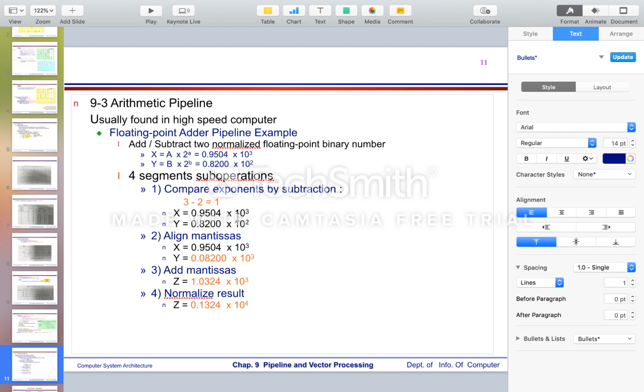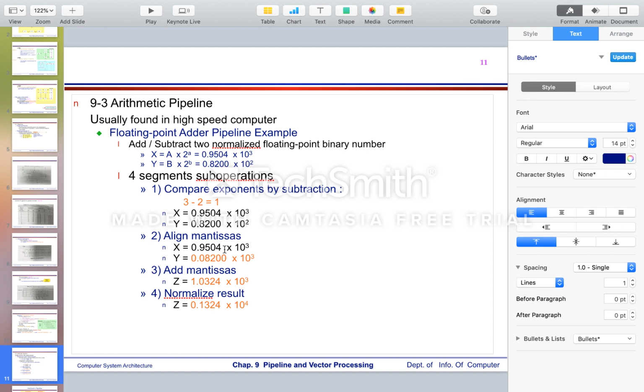Now, if these two exponents are not equal, the larger exponent 3 is chosen as the exponent of the result. So we will have a common exponent which is 3, right? So how can we make y have exponent 3?